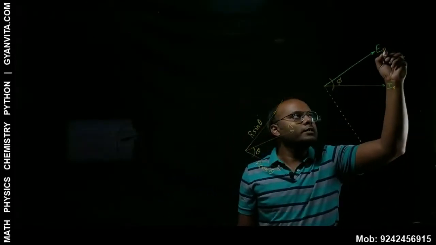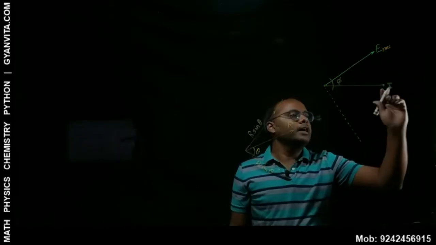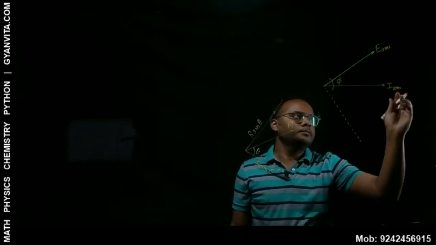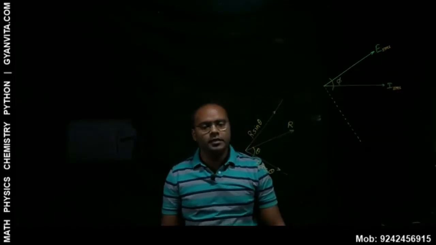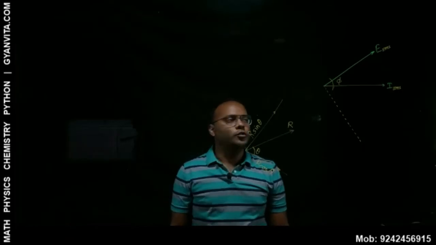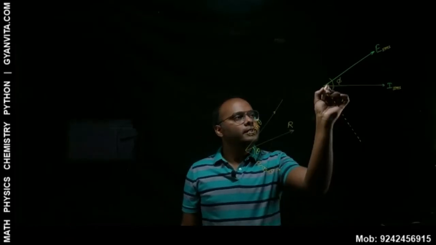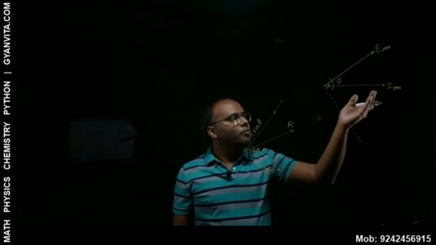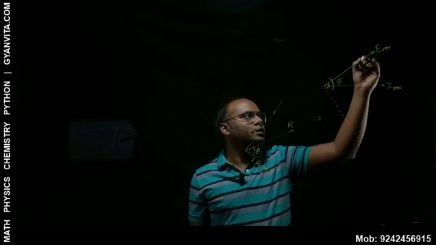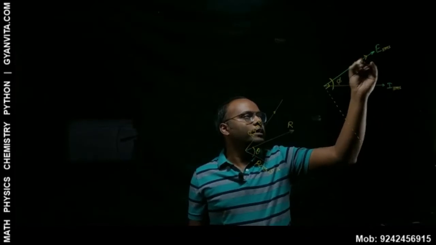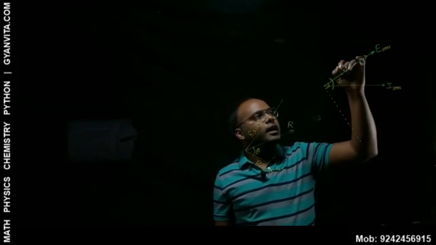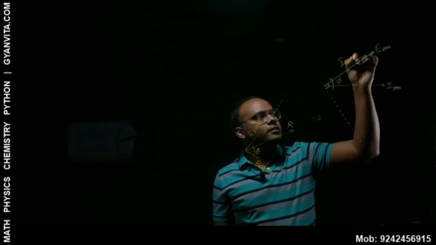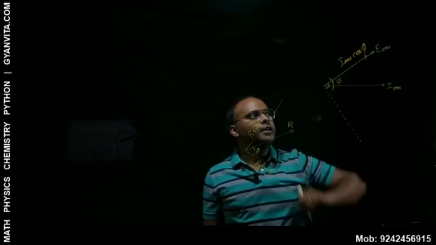So this is ERMS and this is IRMS. These are the two vectors, that is their magnitudes, RMS, both of them, right? These two axes are perpendicular to each other. Now if this is angle phi, then the component of current along this will be IRMS cos phi.